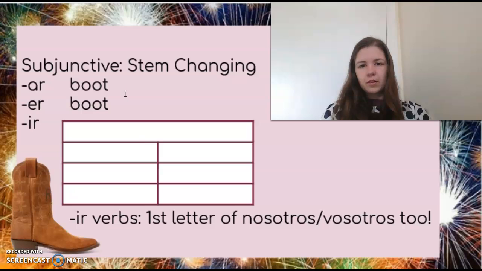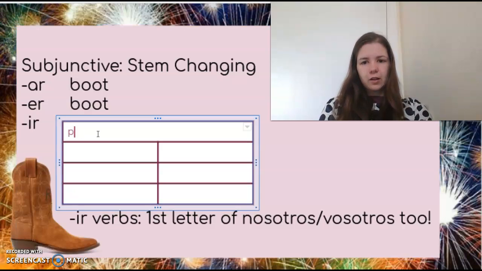So if I have a stem changing verb, we're still going to follow this boot pattern that the present tense usually has. So for instance, if I were to conjugate the verb poder, which is O to UE, that's one that means can or able to.